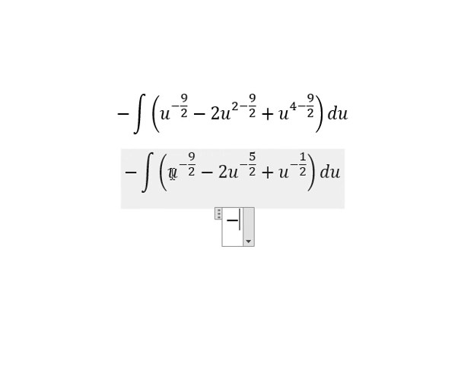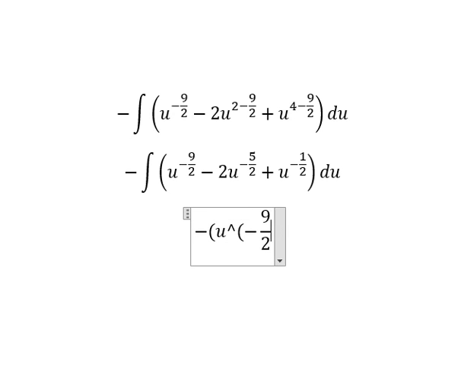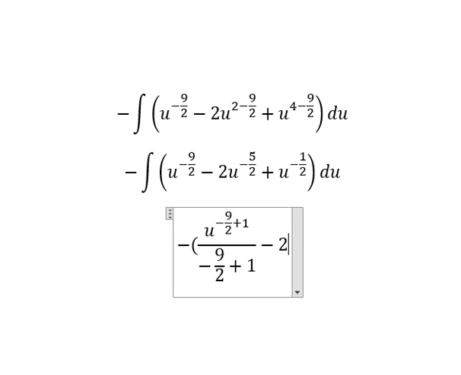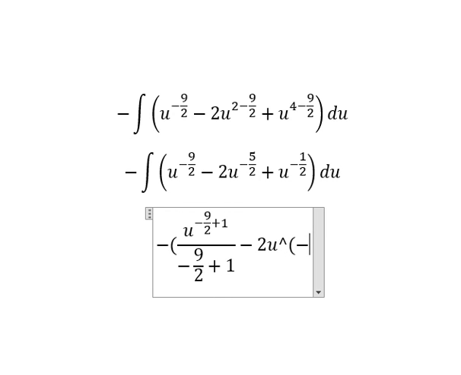The integral of u to the power of negative 9 over 2, you will get negative 9 over 2 plus 1 over negative 9 over 2 plus 1. Similar for the second one.